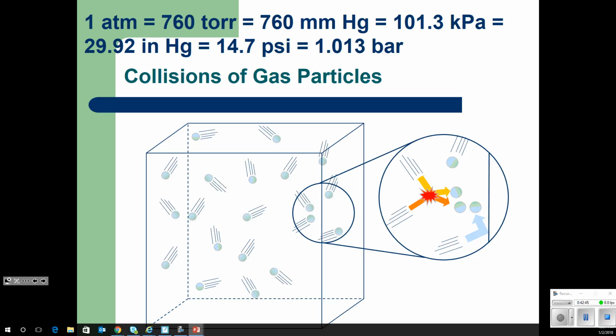You'll notice that bar and kilopascals are off by 100, right? So they're related. It's going to be our conversion. So if we want to go from one to another, this is where we can set up conversion factors. Okay? I mean dimensional analysis, yep.